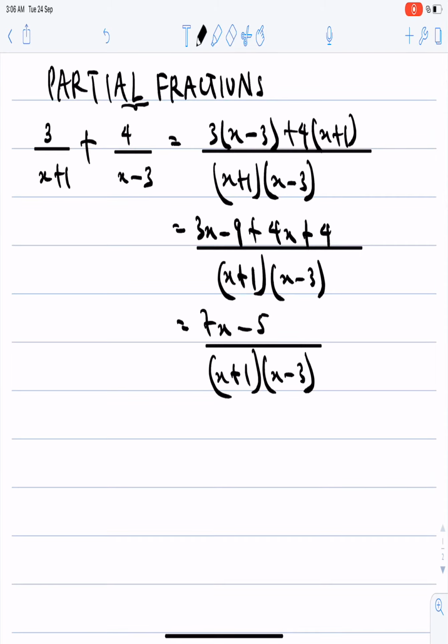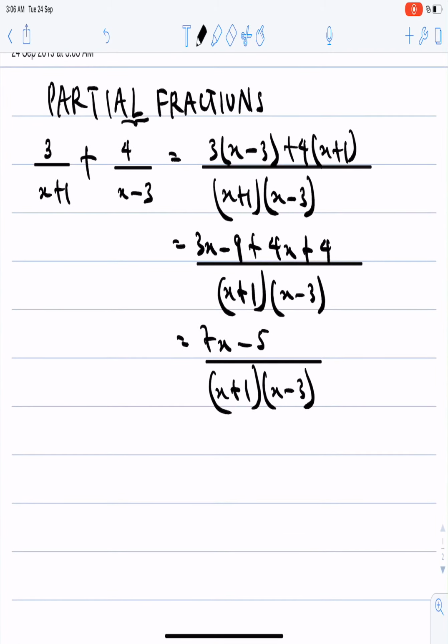That means the single fraction 7x minus 5 over x plus 1 times x minus 3 is the sum of the fractions 3 over x plus 1 and 4 over x minus 3. Basically, the concept of partial fractions is about resolving or splitting fractions into simpler forms.